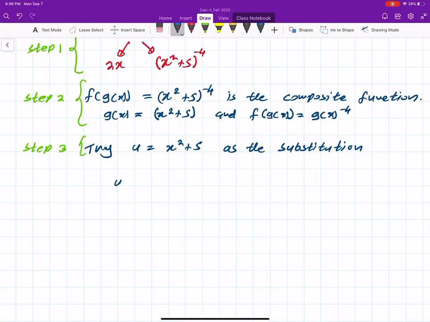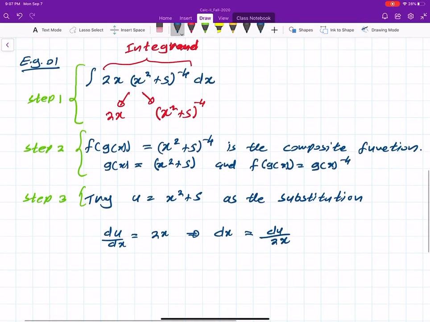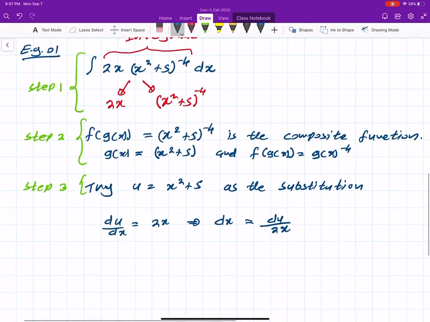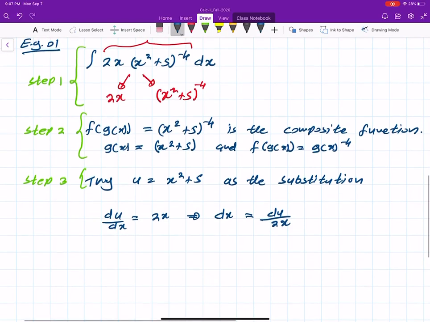Then you have to differentiate u first with respect to x. So you'll get 2x. Then you have to solve this for dx. I will explain why. That means dx equals du over 2x. Now I'm going to modify the given problem. The given problem is 2x times x square plus 5 to the power minus 4.